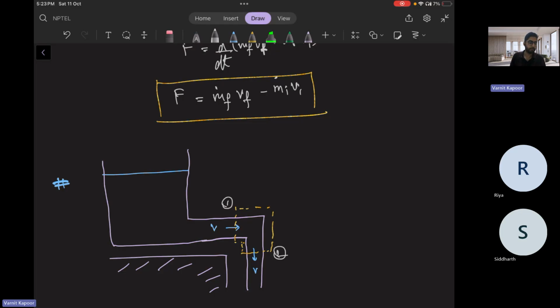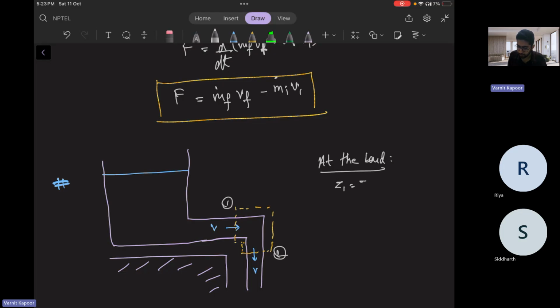At the exit. You can see these kinds of bends in the washrooms at your home, where pipes are connected through some bends. At the bend, it's a very small change, so we say that the datum will be the same. We are assuming very little change in the datum.